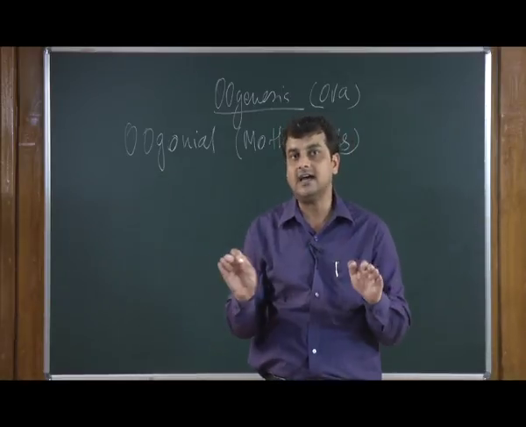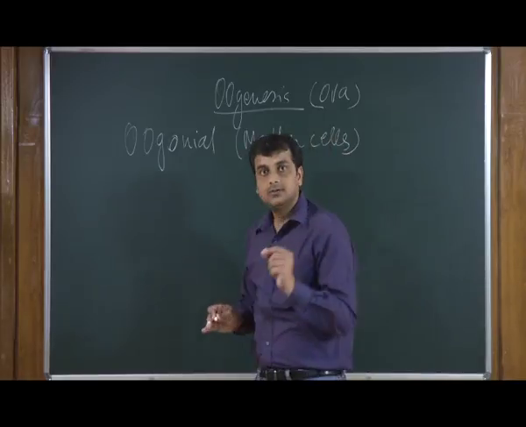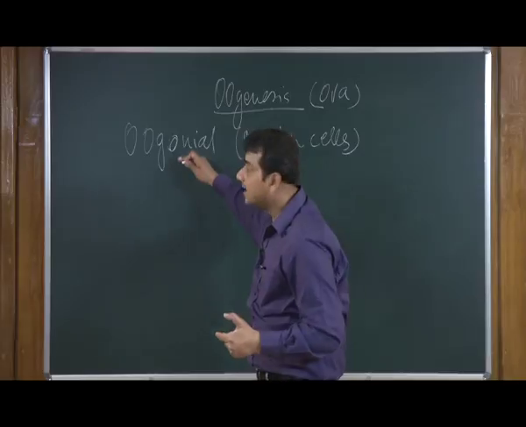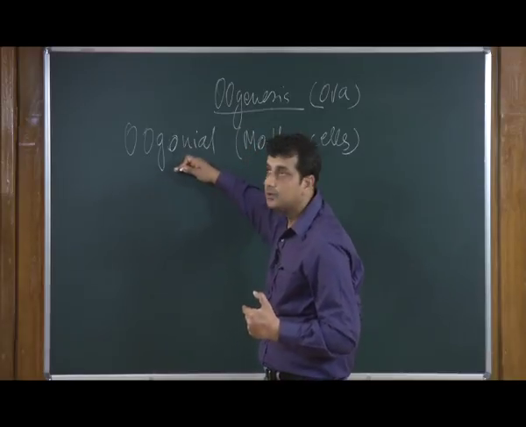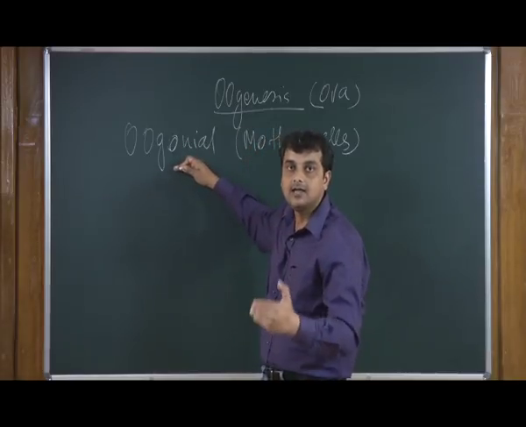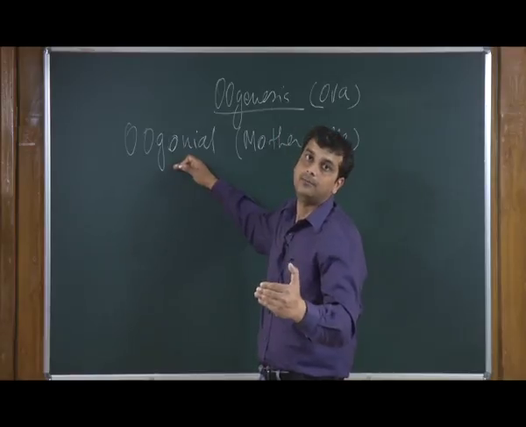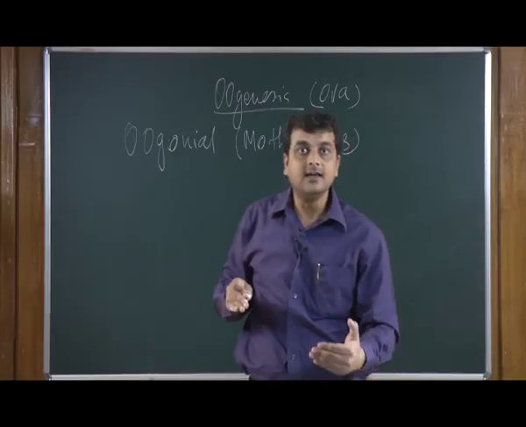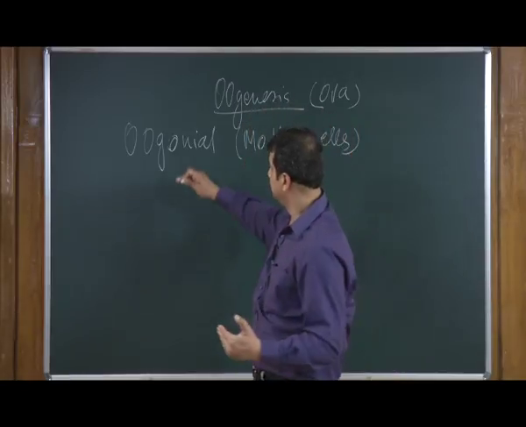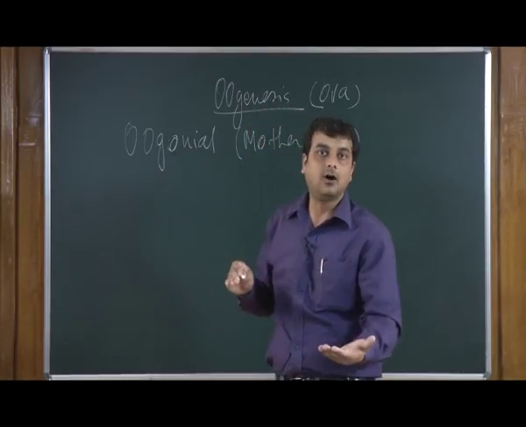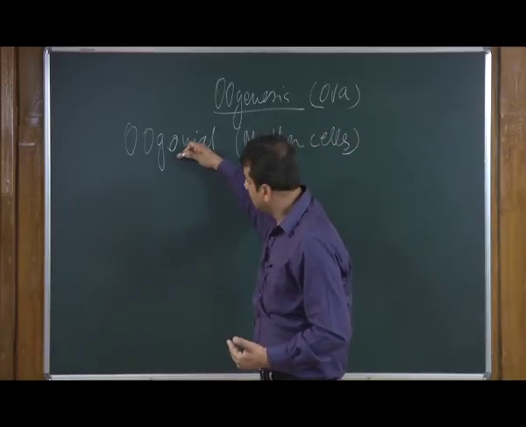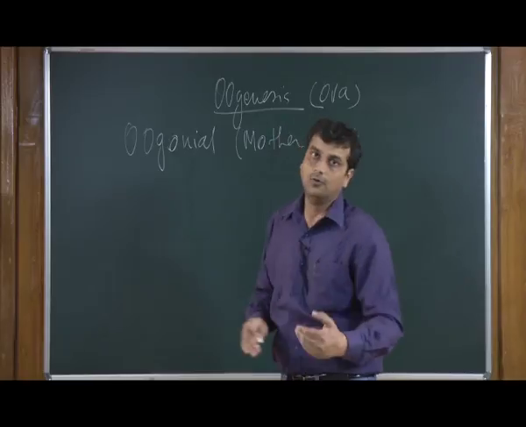There is no growth, and there is absolutely no addition of oogonial cells after birth. Whatever oogonial cells are present in a female body come from before birth, and these remaining oogonial cells after birth are what form the ova.